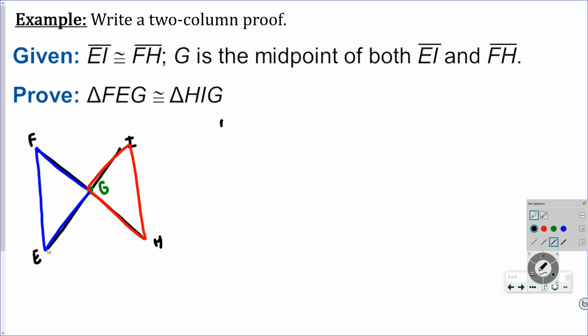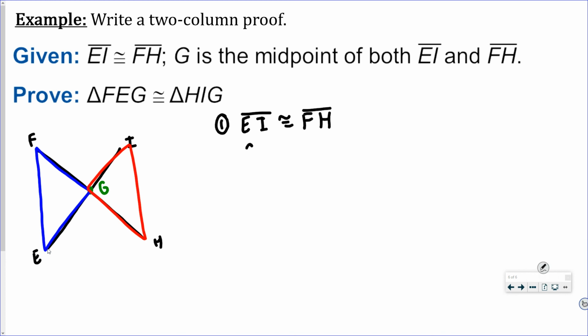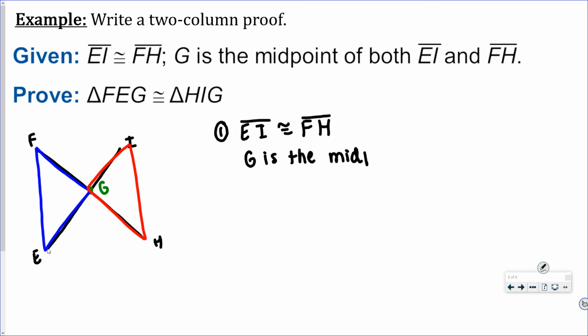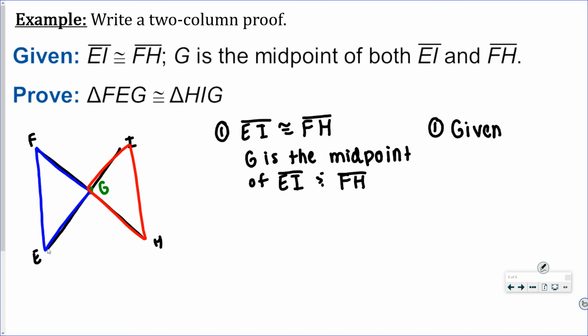All right, two-column proof. First, I got to state what's given to me. Now, because it's a midpoint, let's talk about what that means.